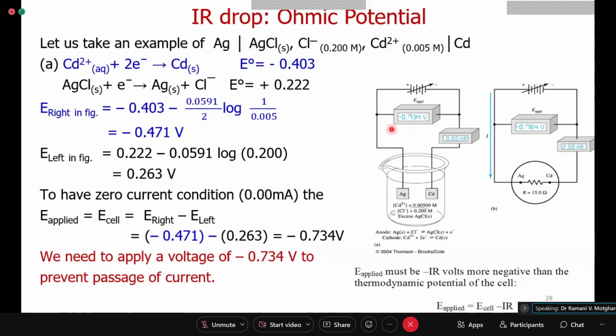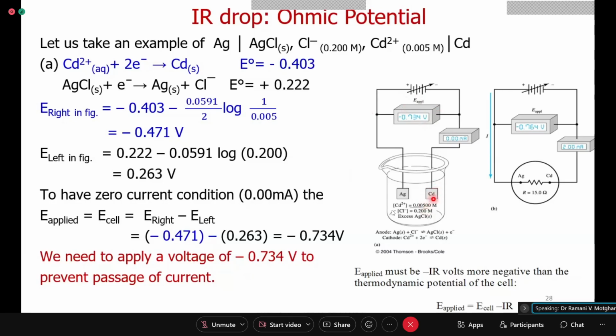Now this is useful for understanding corrosion control also. If some corrosion is taking place for this particular electrode, then you can calculate in this way and apply a specific potential so that this electrode will not undergo oxidation, and you maintain this electrode properly without undergoing any corrosion reaction.